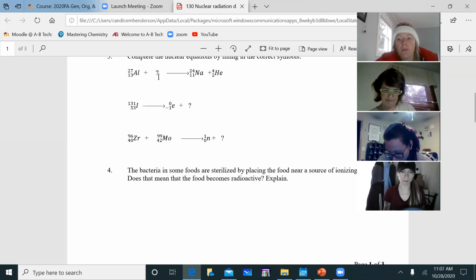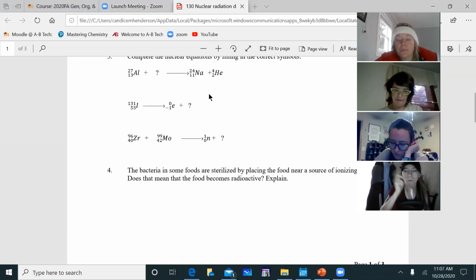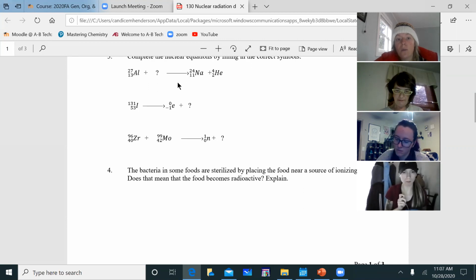That's what we're going to be solving for. It produces sodium 24 and an alpha particle. So we want to figure out what this aluminum got hit with to produce these two things. Go ahead and try and work through that. I'll give you just 2 minutes for it.